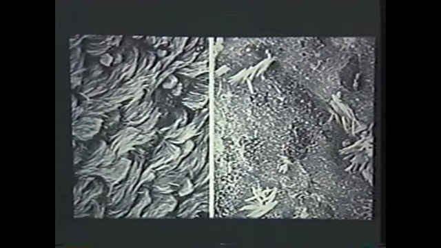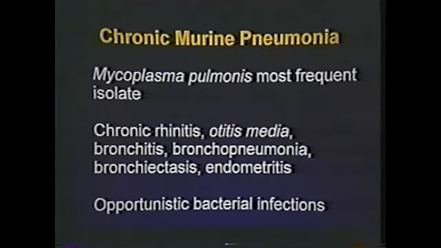So hydrogen peroxide is certainly one of the materials that's elaborated by the organism, but there's certainly other factors that probably are very important in contributing to the disease and to the demise of the animals that are affected with a chronic mycoplasmal infection.